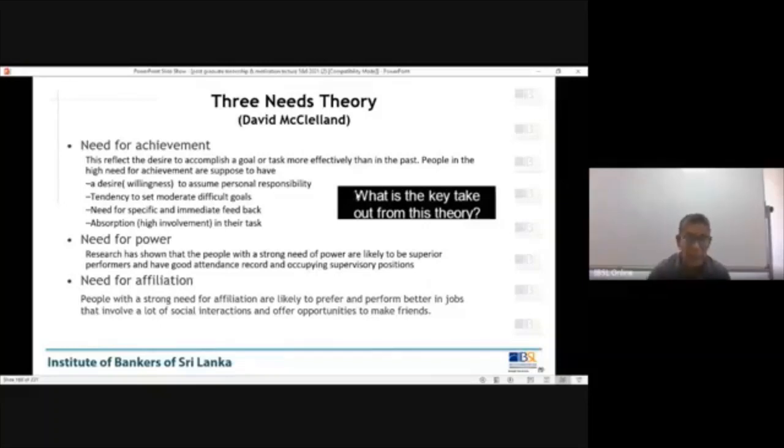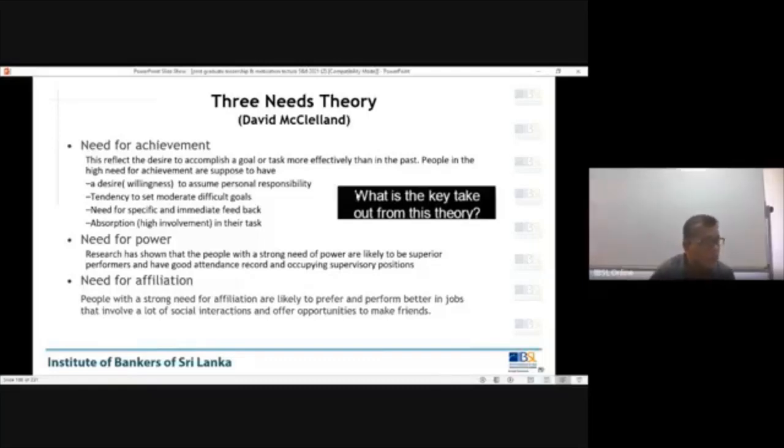Now, all the employees may have these three types of needs, but it may vary from person to person, right? One fellow is good for achievement, one fellow for power, one fellow for affiliation. Especially if you are working in a very competitive environment, identifying who is suited for which job is important, right?